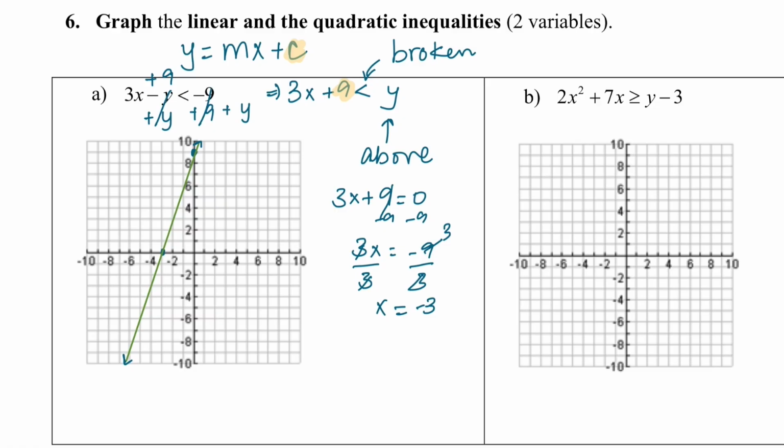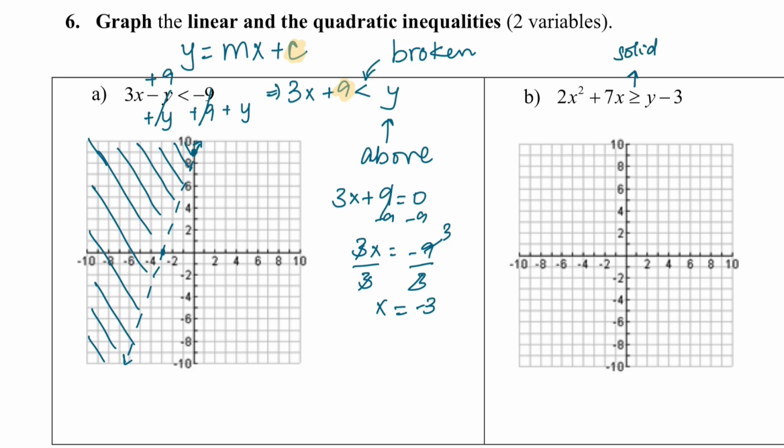Now this is going to be above and a broken line, so it's going to be this broken line, and above associates with this whole region. And now I'm just going to remove my solid line because I don't want it to be confusing. Awesome.